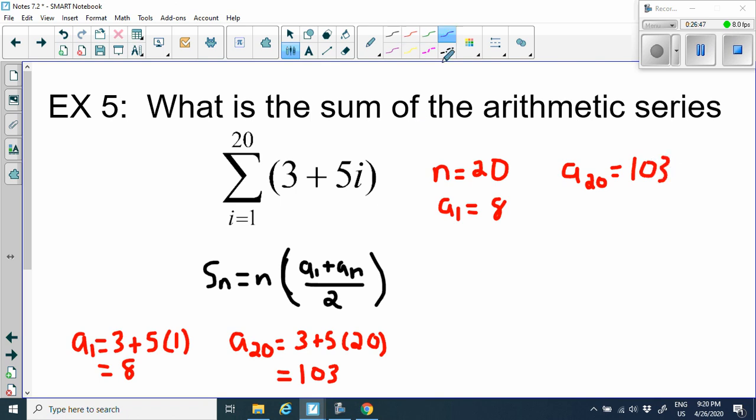So using this information, I have my sum of the first 20 terms equals 20 times 8 plus 103 divided by 2.